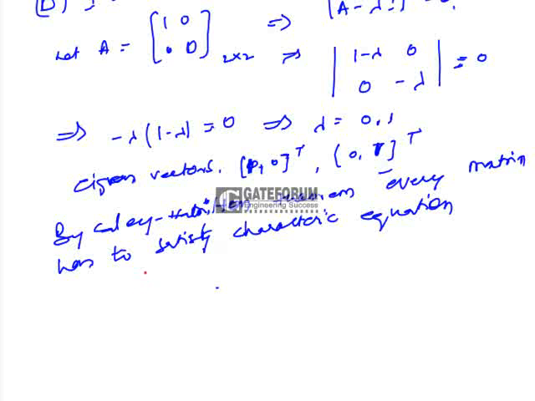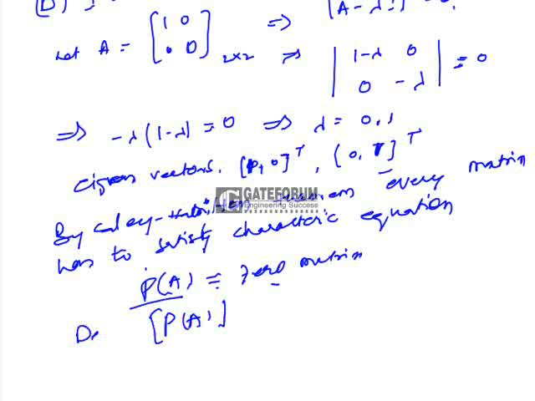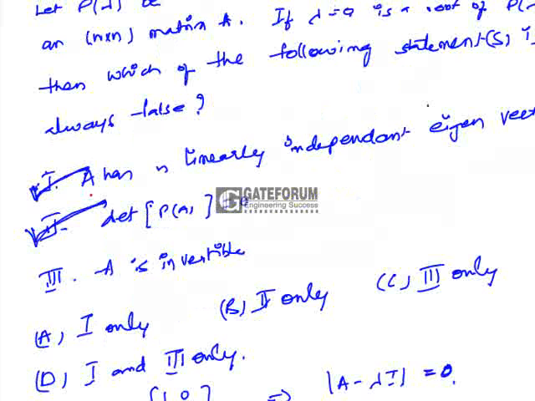That means, as P of lambda is equal to 0, then P of A should also become the 0 matrix. If this is the 0 matrix, then the determinant of this matrix will be 0. So we can say that statement 2 is also true. Statement 2 is always true.